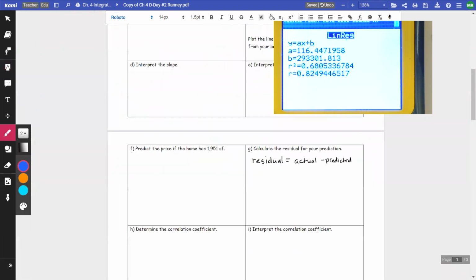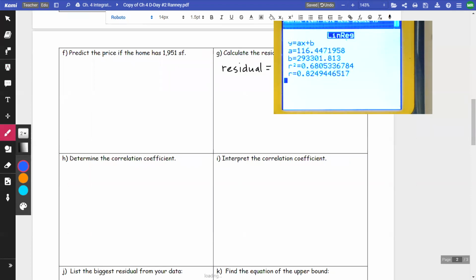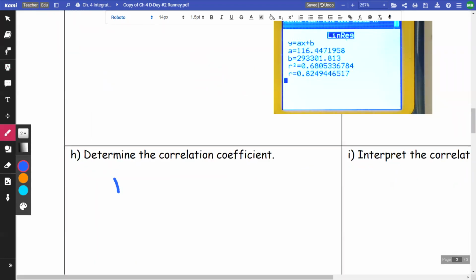So I'm going to come down here to determine the correlation coefficient and give four numbers after the decimal. So it's going to be 0.8249. Okay. So that is going to help me know that this is going to be a positive and also strong correlation, because remember, my R is between 1 and -1.